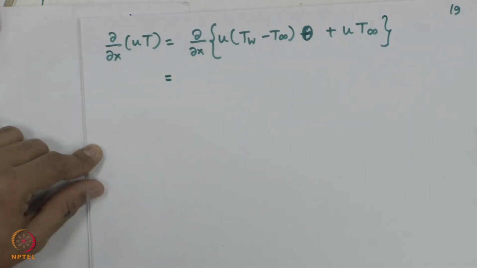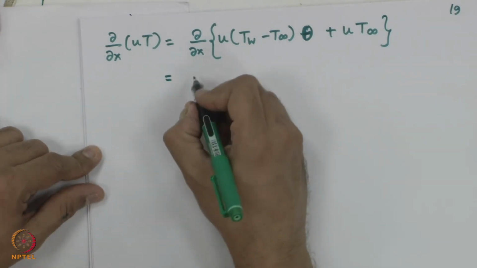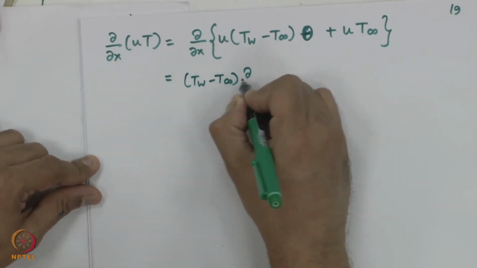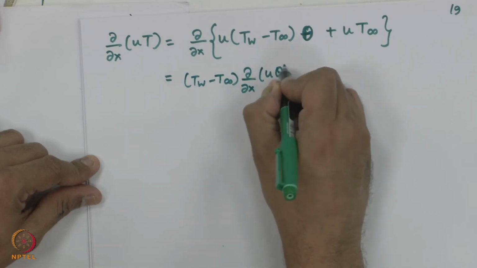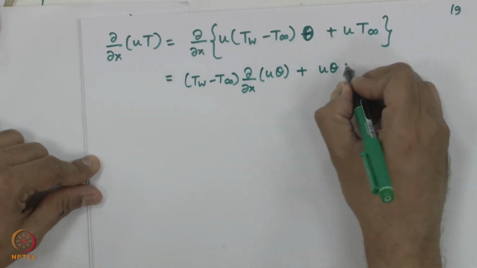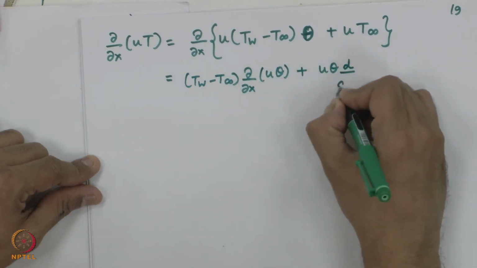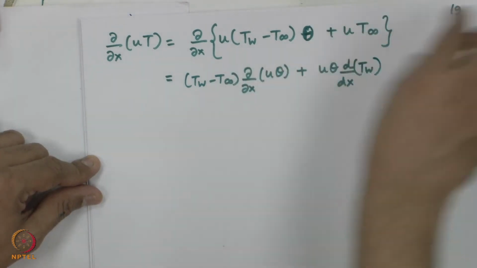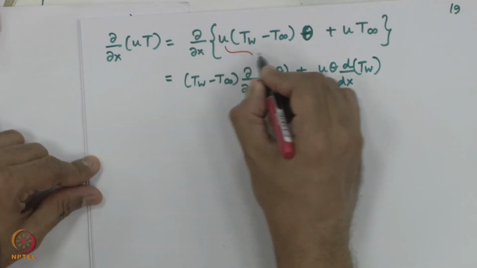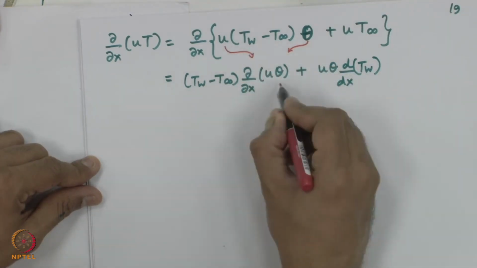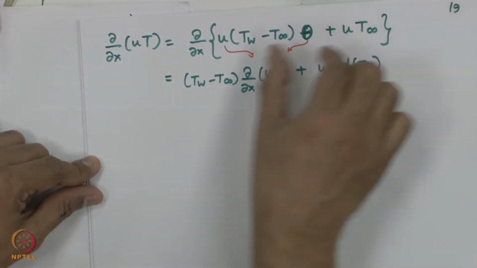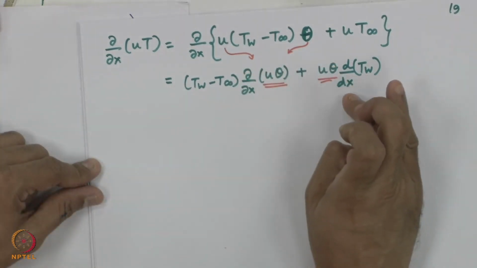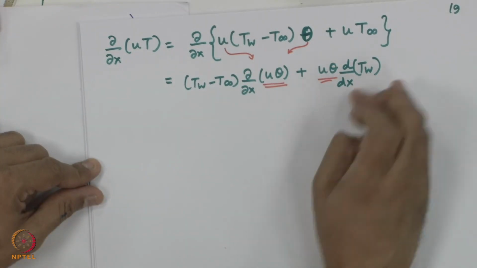So, I can do this differentiation as follows. This is (T wall minus T infinity) d/dx of u theta plus u theta d/dx of T wall. Why this? Because I am going to use this one and this one as one pair, that is why this is taken like this. T wall is only a function of x, T infinity is a constant. So, dT wall/dx is a regular derivative.